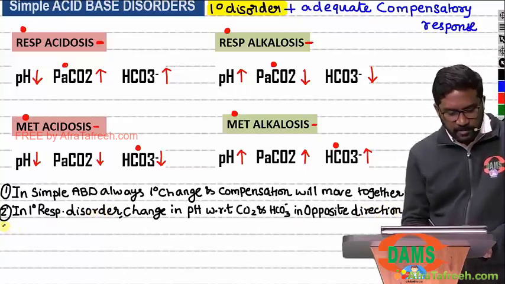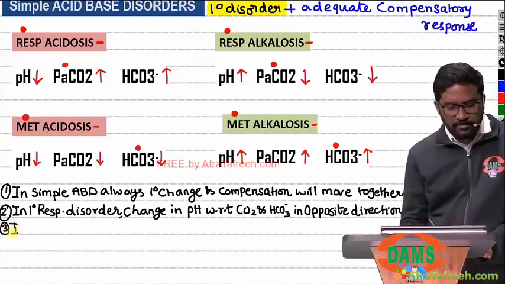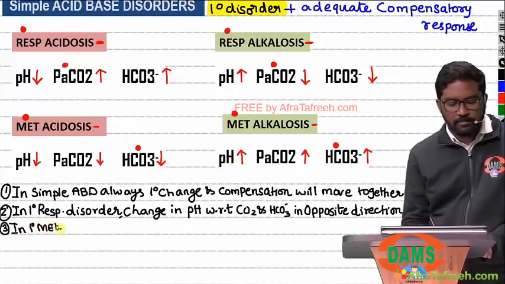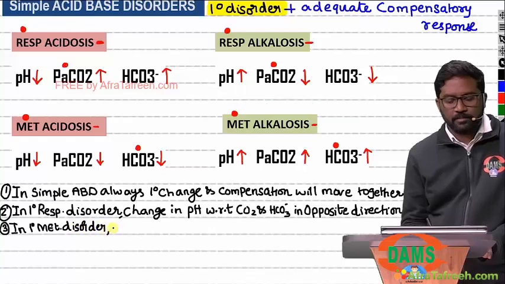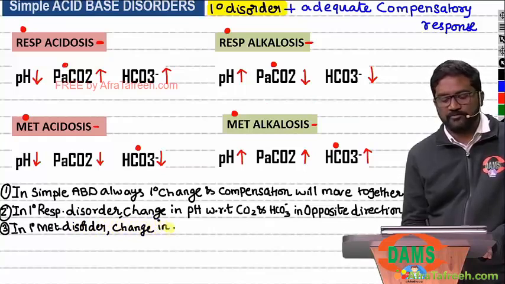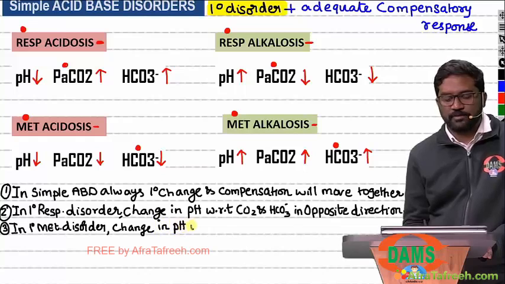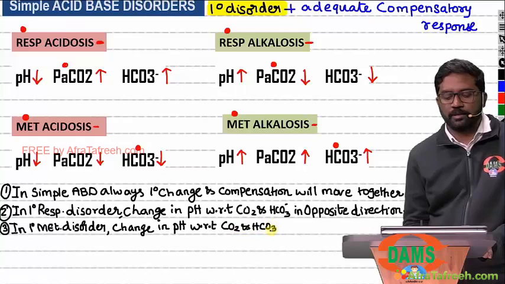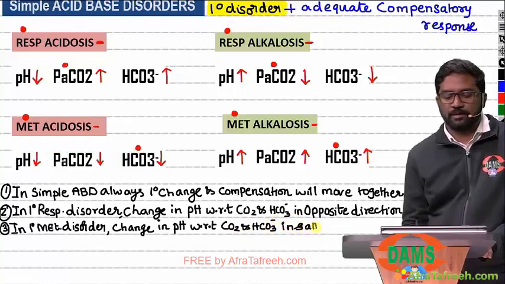Whereas in primary metabolic disorder, change in pH with respect to CO2 and bicarbonate is in the same direction.